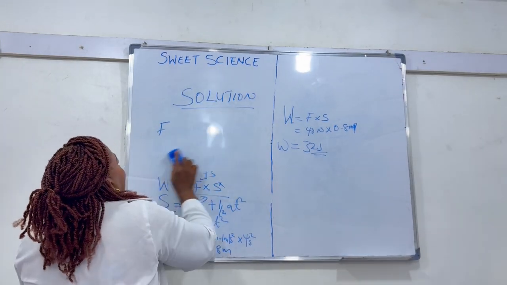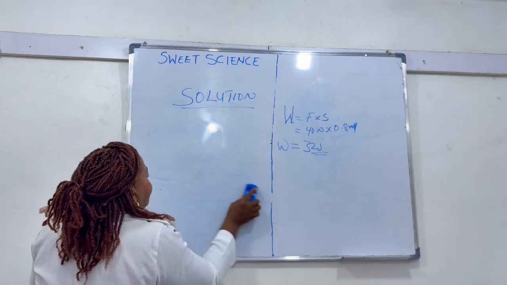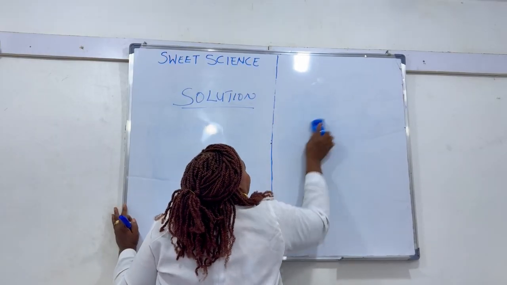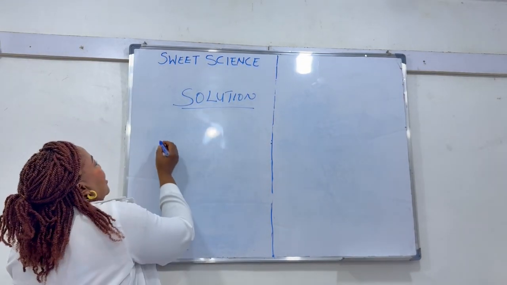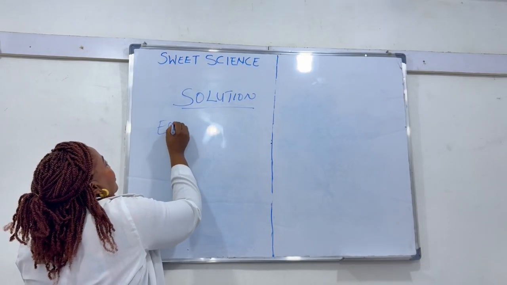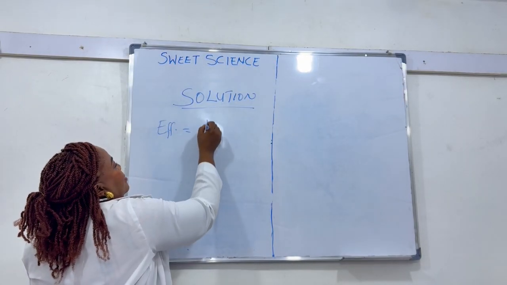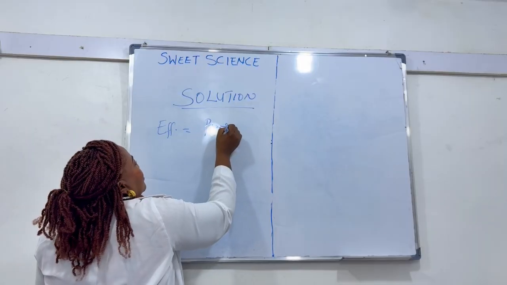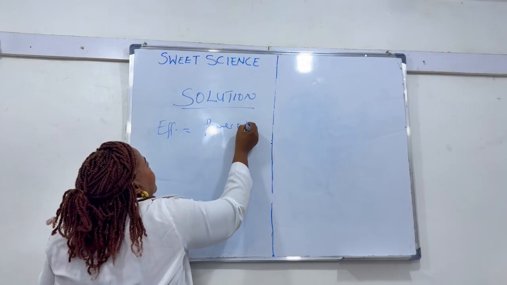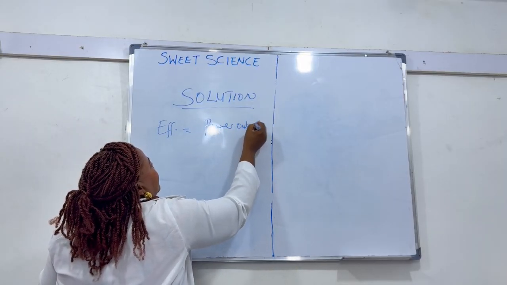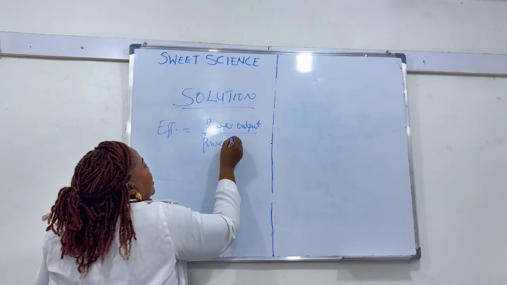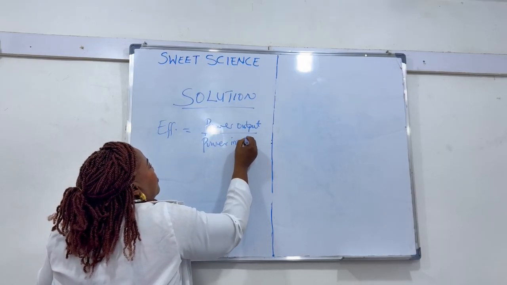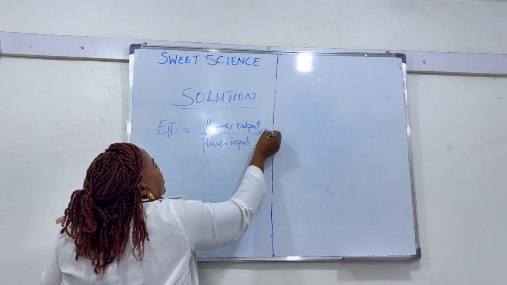So we go back quickly to say that efficiency is equal to power output all over power input times 100%.